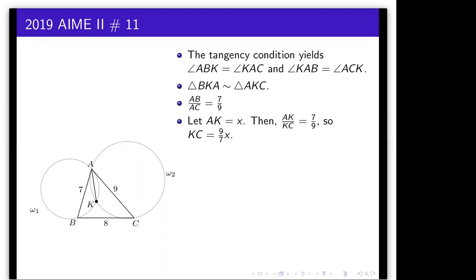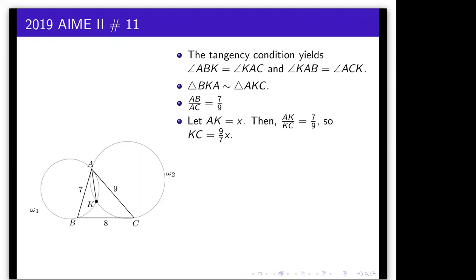Similarly, we could also say that BK is 7/9 X. But from this, does anyone see any way to get the value of X?